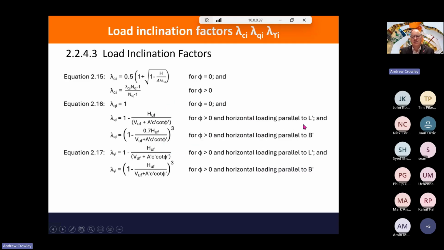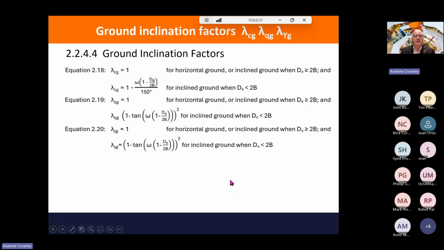So loading parallel to the effective length is in one equation, and loading parallel to B is determined by another equation. You've got ground inclination factors. So if you're not on level ground, you need to calculate by these equations the lambda CG, lambda QG, and lambda gamma G. So for horizontal ground, all these ground inclination factors are 1.